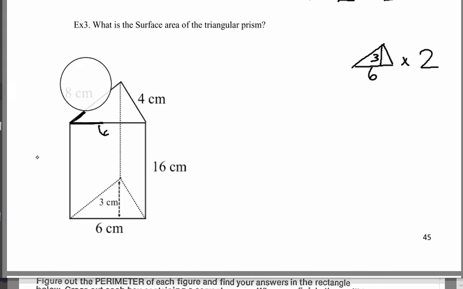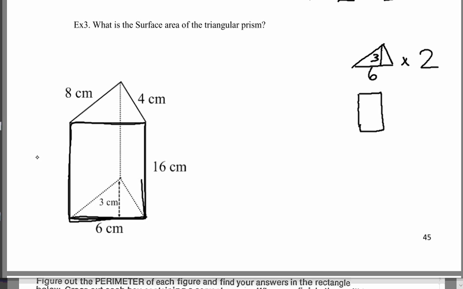So there's my start. What else do I have? Well, every prism has rectangles. So here's the biggest problem I find students have. They see the 6 by 16 rectangle. There I go, done. I have a 16 high, 6 wide, 3 rectangles in a triangular prism, and I'm good to go.